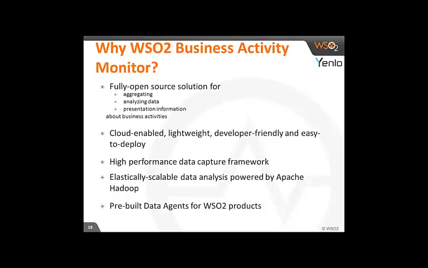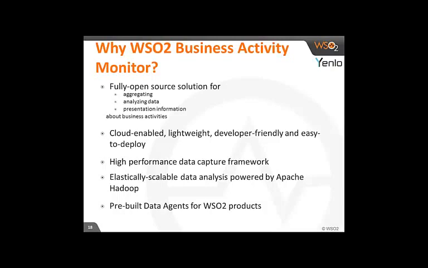For example, if you want a lot of processing power, you can scale only the analyzing engine, like adding a lot of Hadoop nodes, etc. Also, WSO2 products have inbuilt data agent support so that they can be monitored by WSO2 BAM in a very easy manner. So now we will be seeing what activity monitoring is all about.